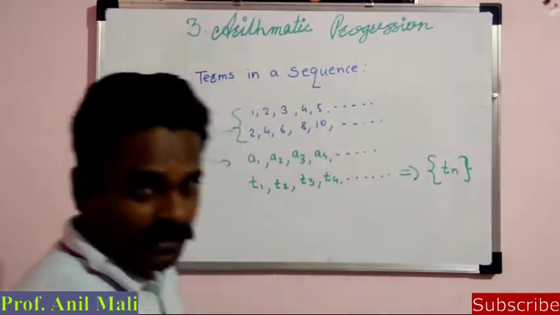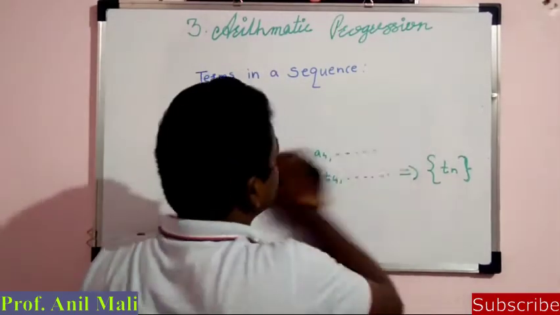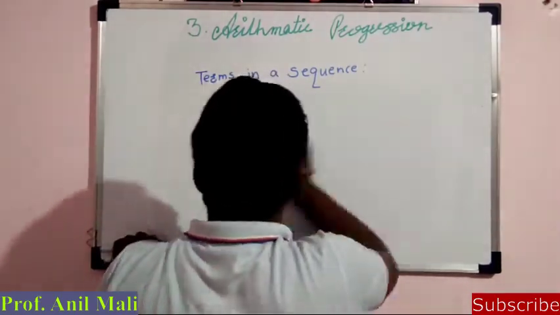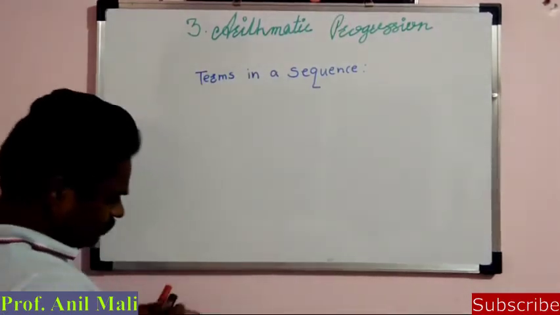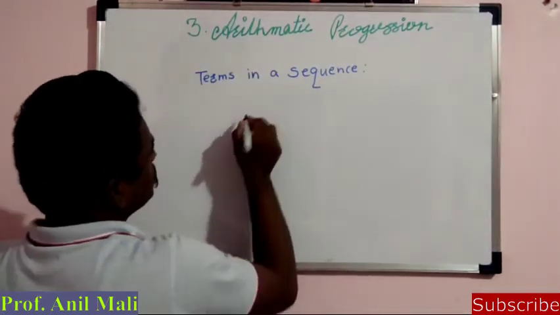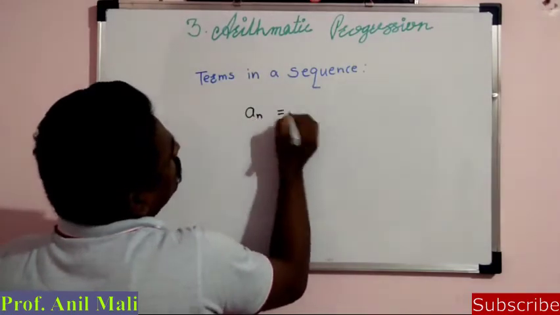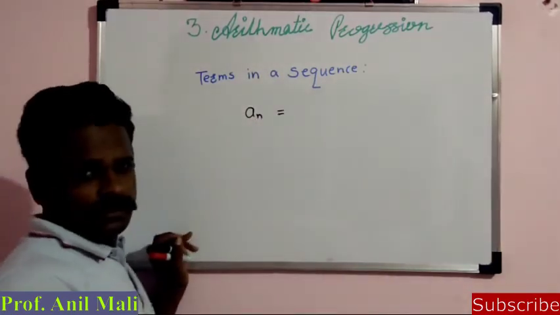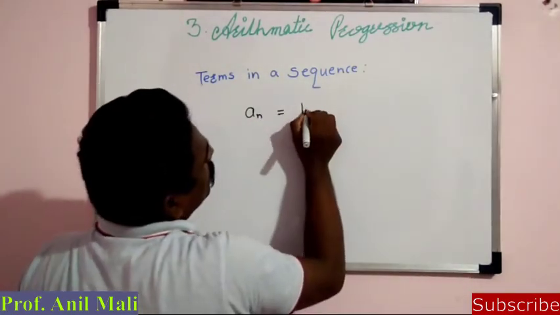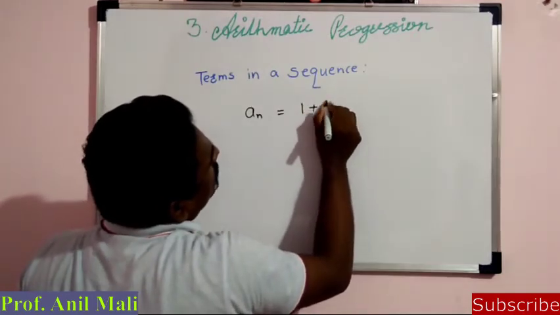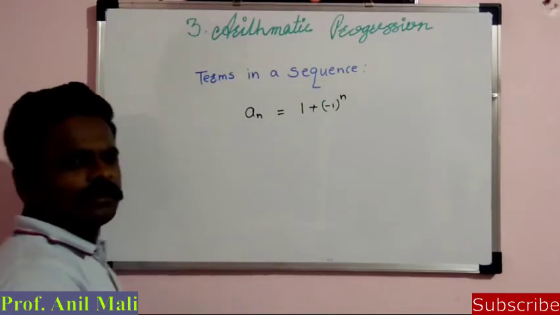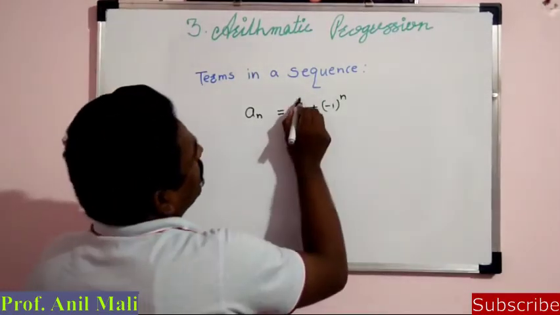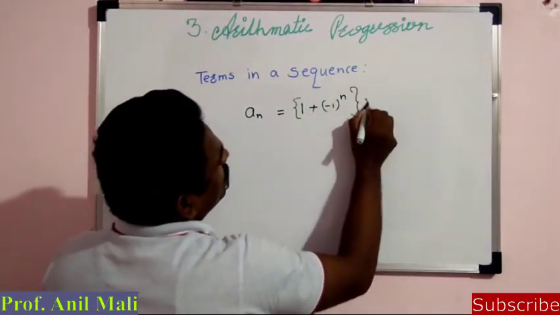Now let's see one example. Consider an or Tn equal to 1 plus (minus 1) raised to n, into n.